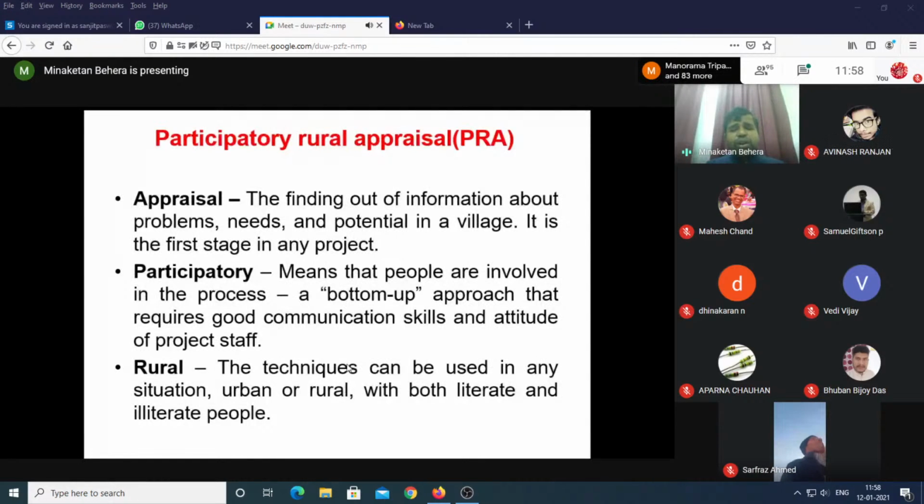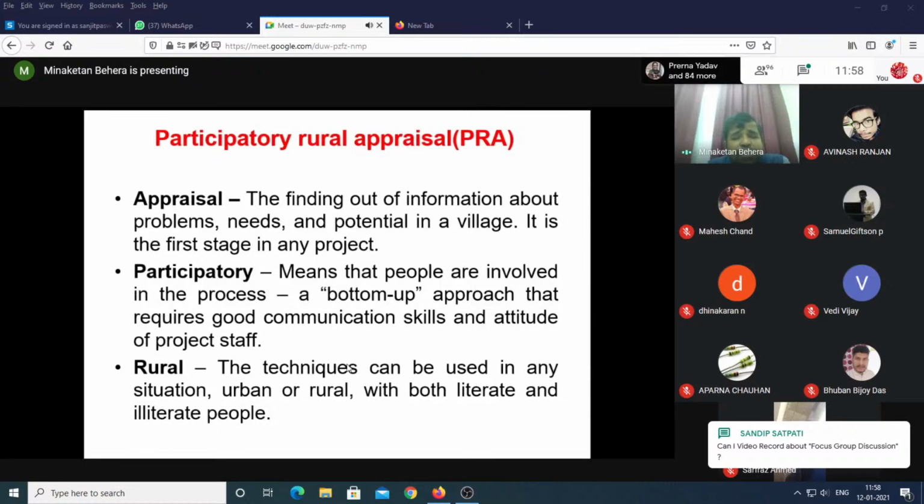They will also tell you the solutions, what they need, what their requirements are. Many times the problem lies here. I am sharing one experience: whatever program we implement on the ground, we should take the opinion of the local people, the local resource base, and local knowledge. Then only can you succeed.